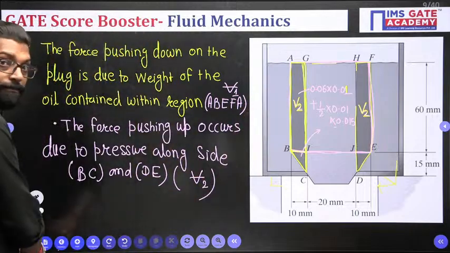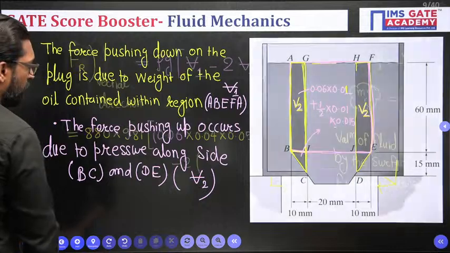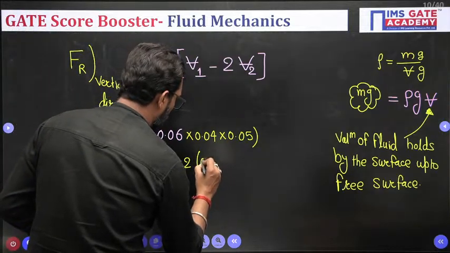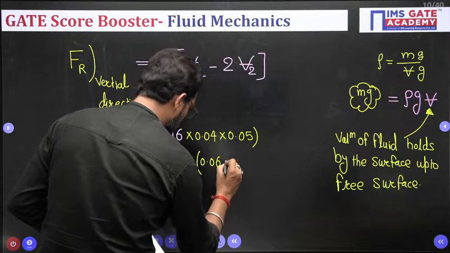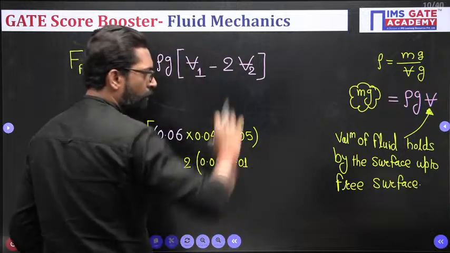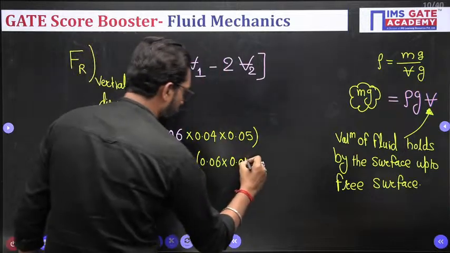Okay? So write down here, 2 into, first on this one, 0.06 into 0.01. Okay.